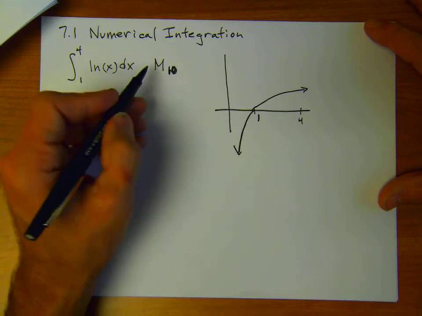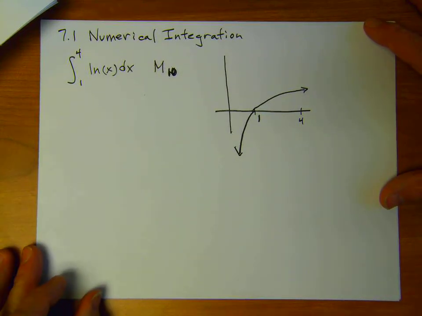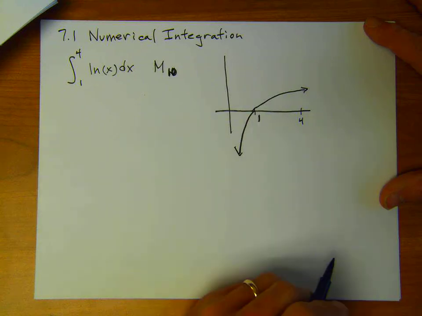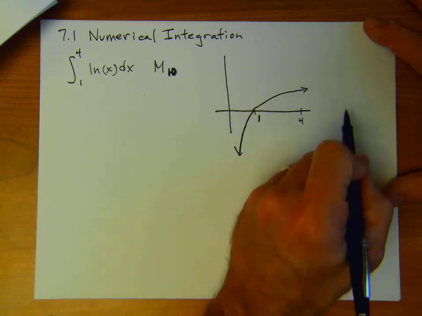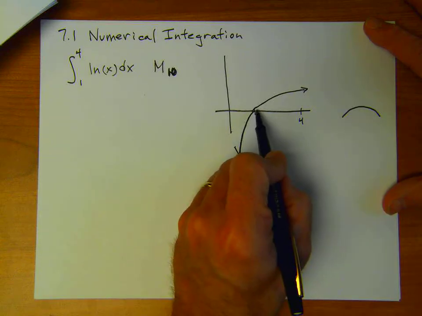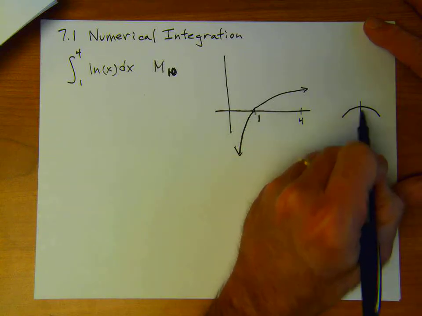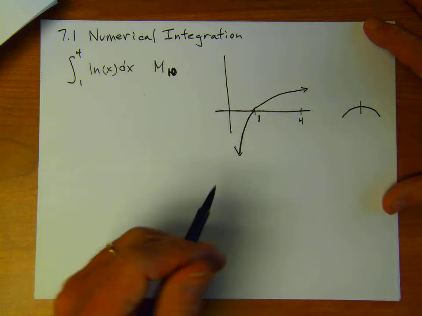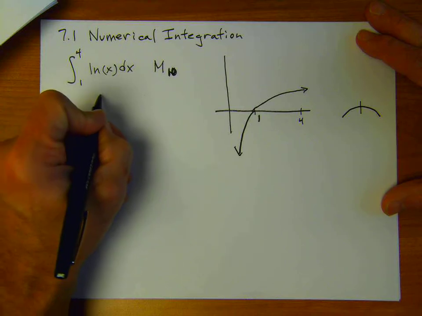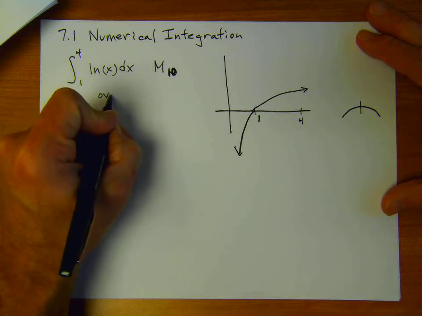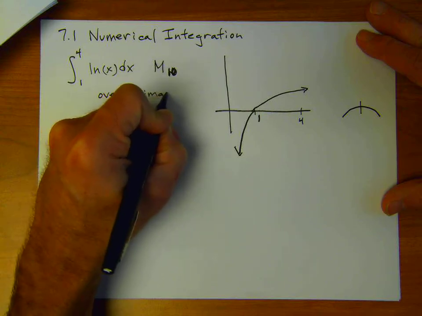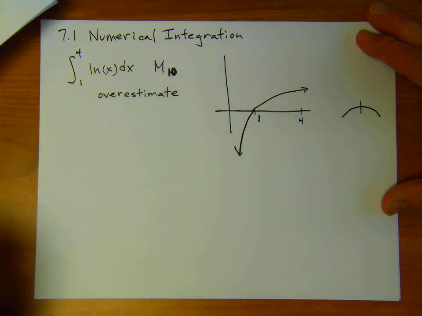There's a couple ways to determine whether or not the midpoint rule is an over or underestimate. One, you can see that this is basically concave down, even though it's only the left side of it, it is concave down. And if you recall, we said in class that the midpoint rule would be an overestimate if our function was concave down.